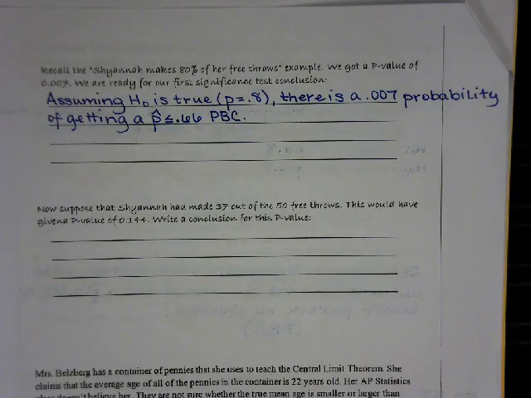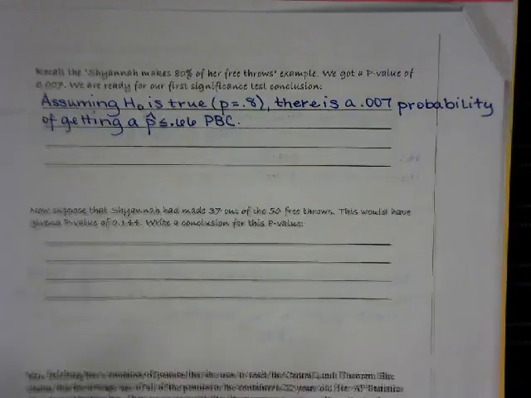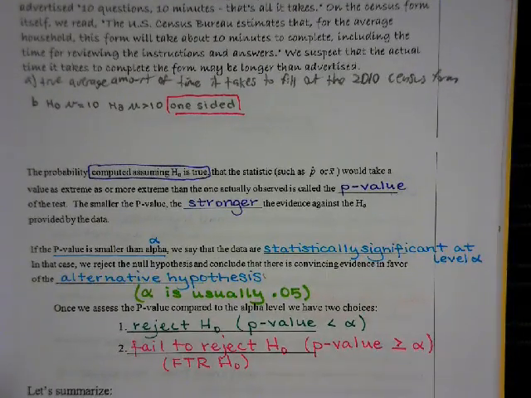Then we go into talking about back here, if p-value is less than alpha or p-value is greater than or equal to alpha. I don't know what is wrong with my camera today, but it is not where I'm used to it being. We got 0.007 for our p-value. Alpha is 0.05.